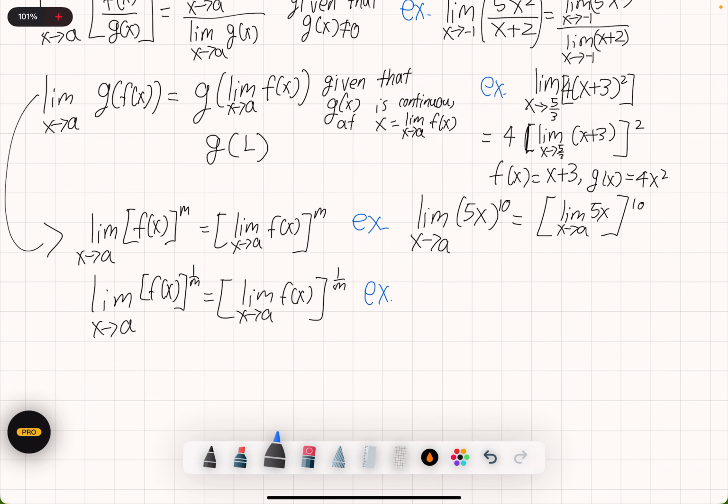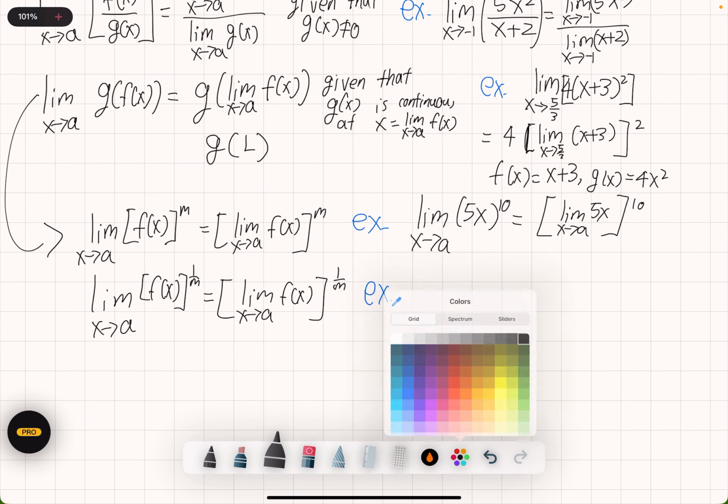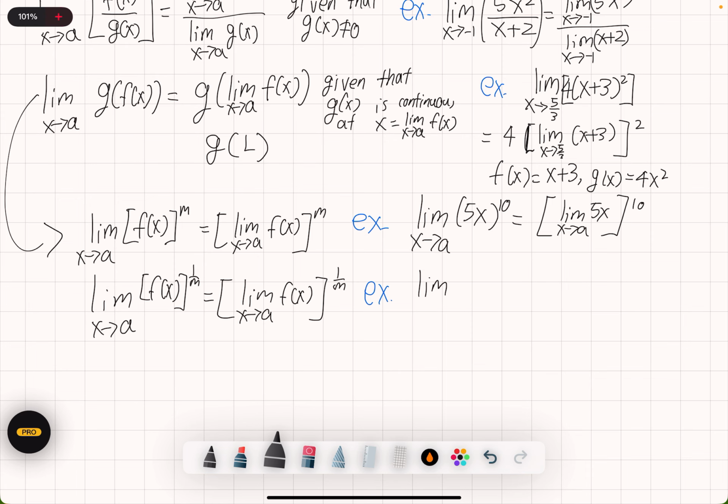For example, the limit as x approaches a of the cube root of x plus 5 equals the cube root of the limit of x plus 5 as x approaches a. So these are all the properties.